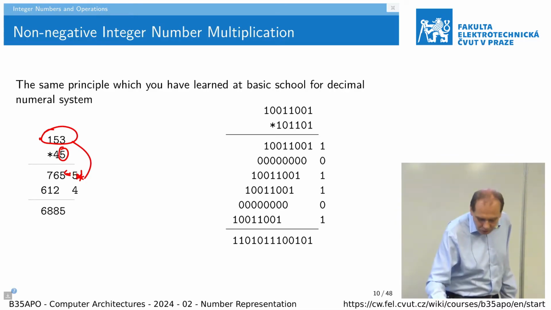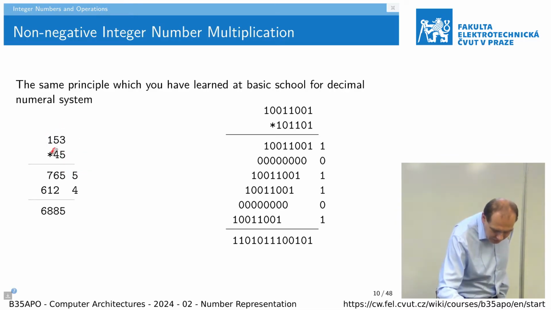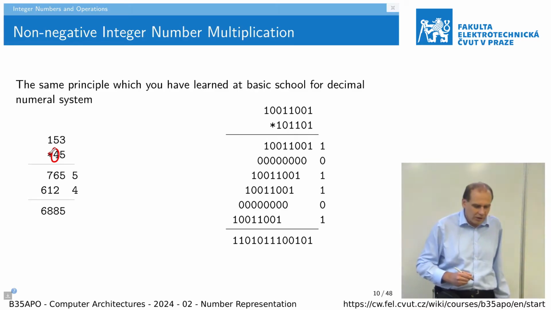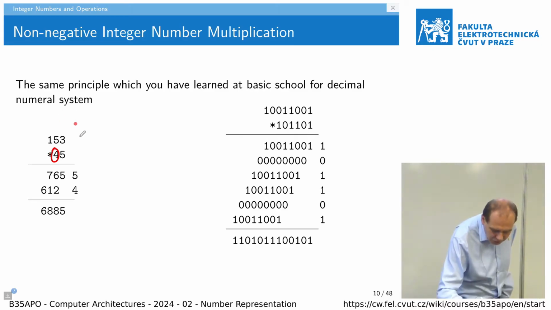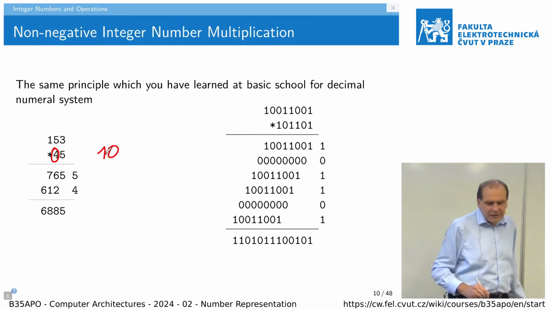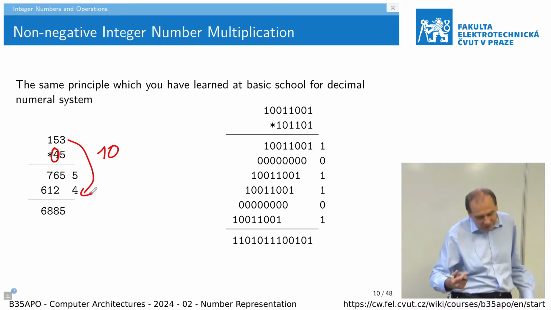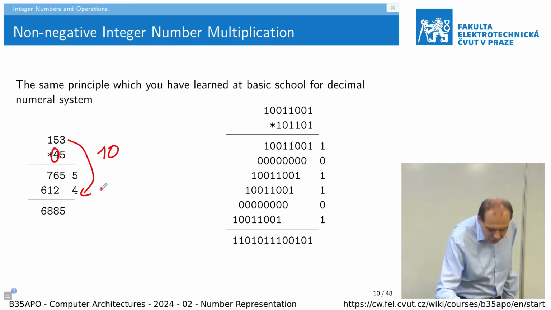When you want to multiply by the rest, the other digit, the 4, then we know that 4 is multiplied by 10. So basically we need to first take the value, multiply it by 4, which is easier, and then multiply it by 10.